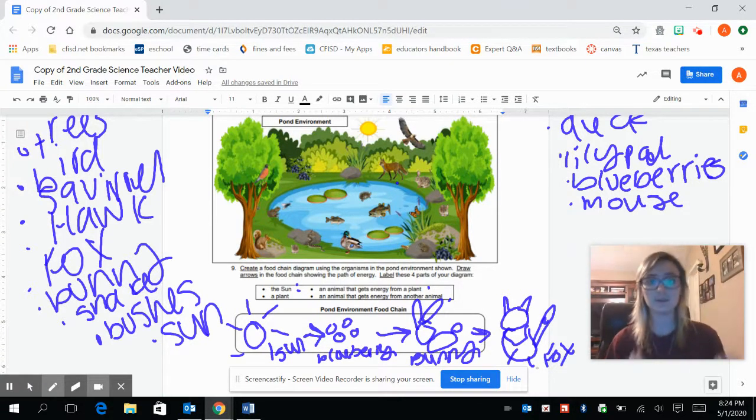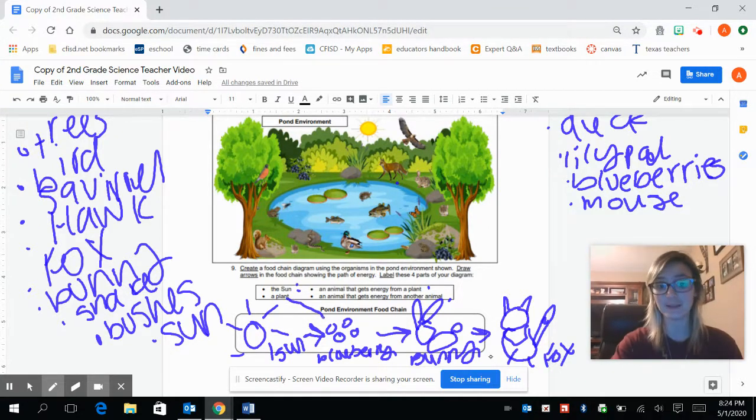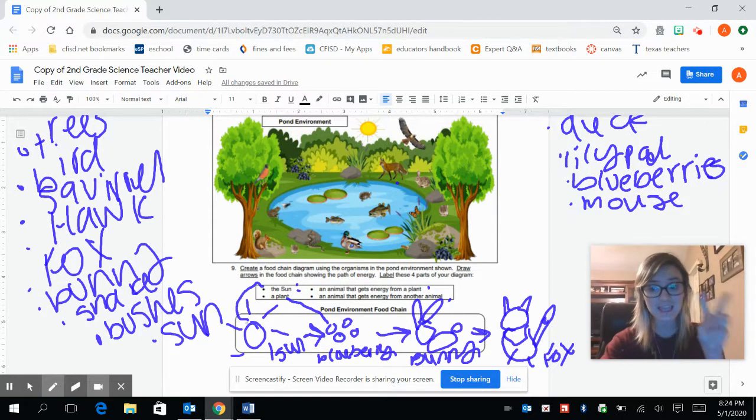Okay, guys. So we have the sun, we have our blueberries, we have a bunny, and a fox. Now think, which one is which? So the sun is just the sun. Our blueberry is the plant. Okay, that's the second thing that needs to be in your food chain.